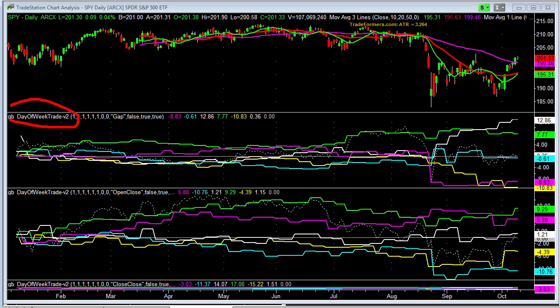This top chart here is looking at the gap from one day to the next for a specific day of the week. And the bottom chart here is looking at the distance that the market travels from the open to the close. And the dotted white line represents the summation of all days. So each one of these lines is a different day of the week.